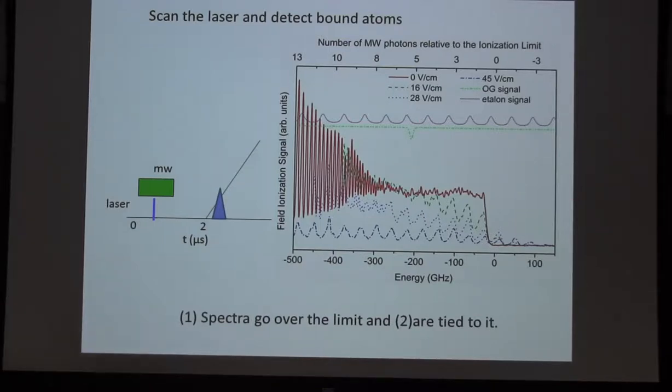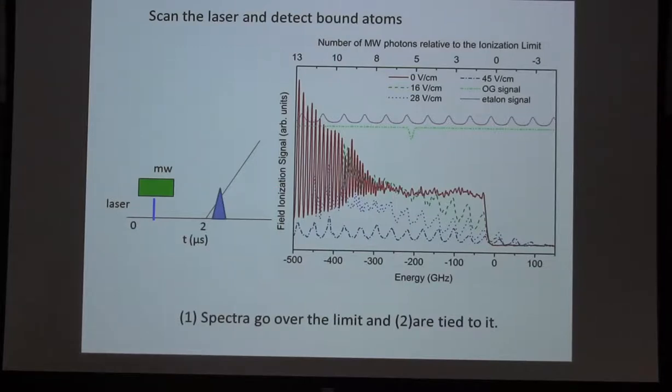But if I add a microwave field of 16, 28, 45 volts per centimeter, you can in fact see structure showing up, which has a modulation at the microwave frequency. And you can see two things here. One is that the structure seems to be connected to the limit, but perhaps more surprising, this structure goes over the limit, right?